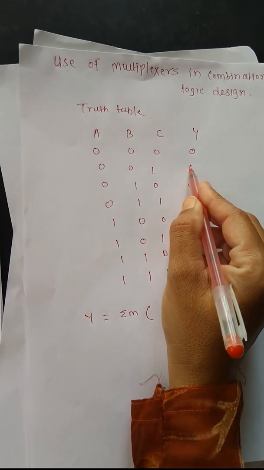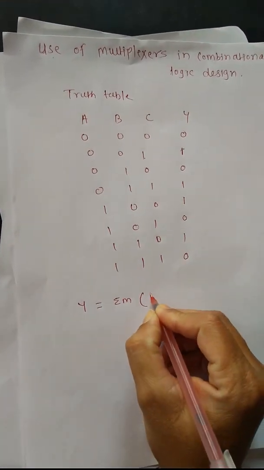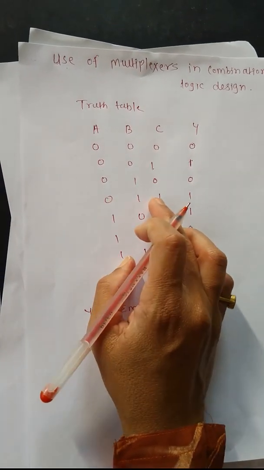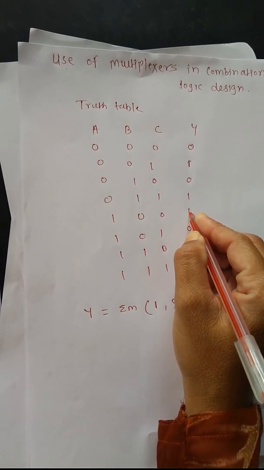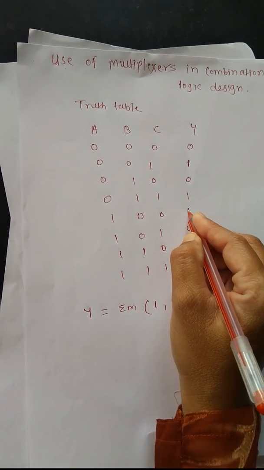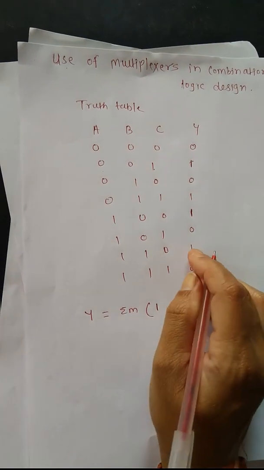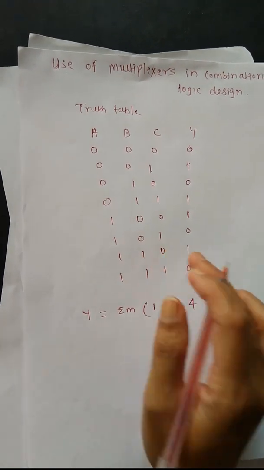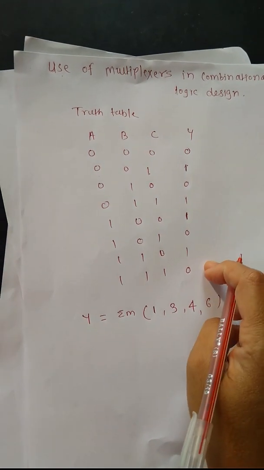Here Y is 1 for input 0 0 1, so the minterm is 1. Next, here the output is 1 for minterm 3, and here output is 1 for input 1 0 0, which is 4. Next, output Y is 1 for input 1 1 0, which means 6. So the minterms are 1, 3, 4, 6 where the output is 1.